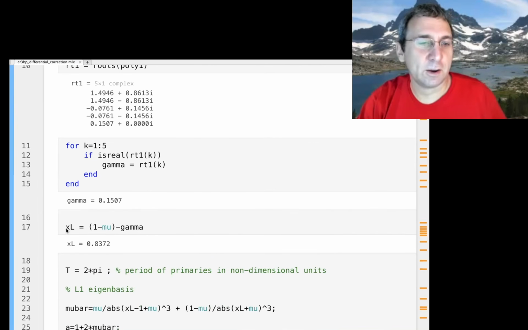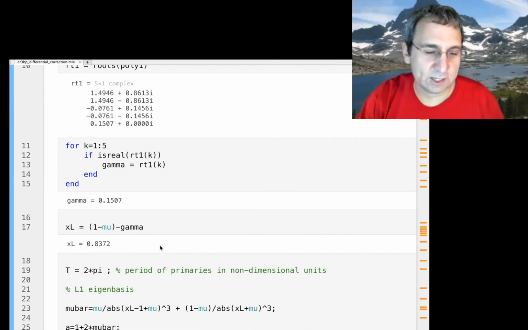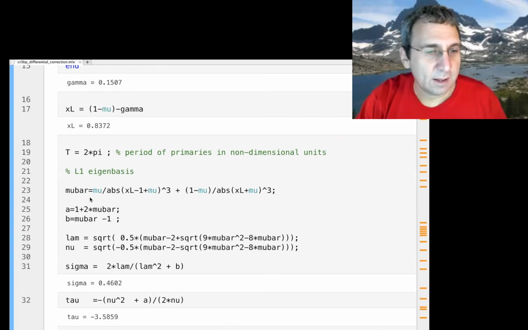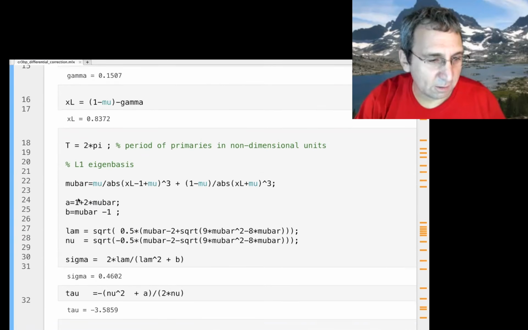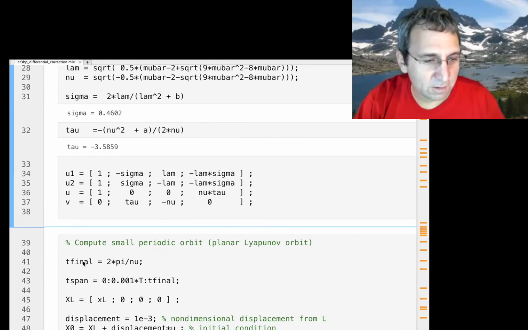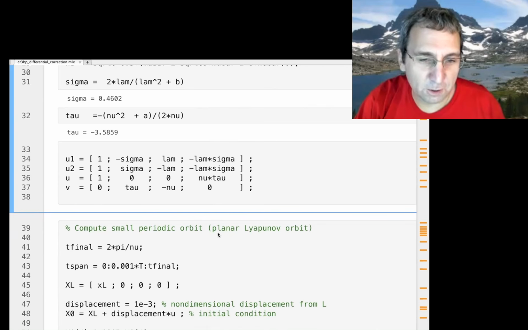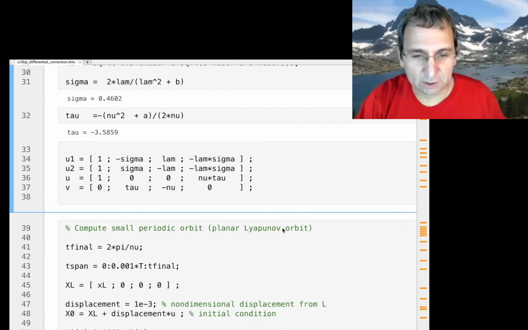And then we can find out the x position of L1, and it ends up being around 0.837. And then in the L1 eigenbasis, we can compute these eigenvectors. And I'm going to use this to get an initial condition on a small periodic planar Lyapunov orbit.